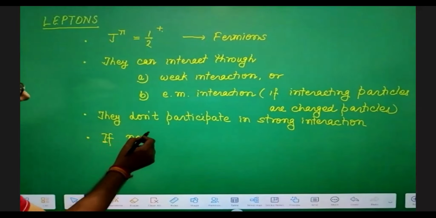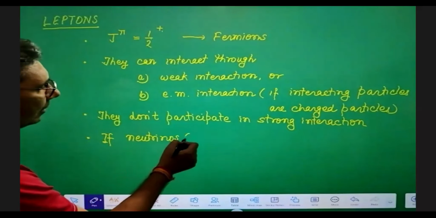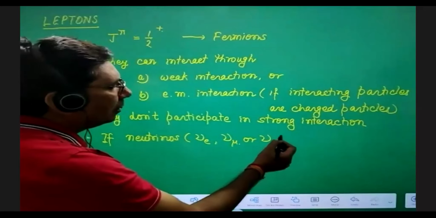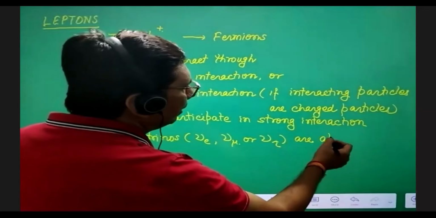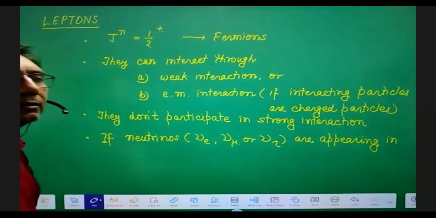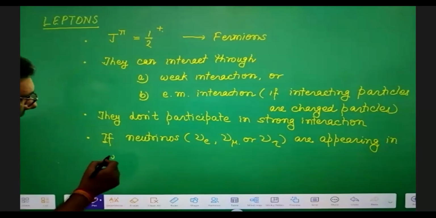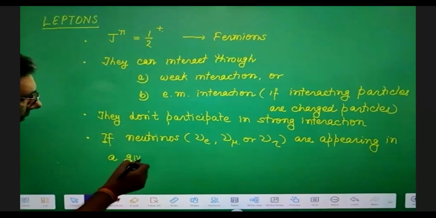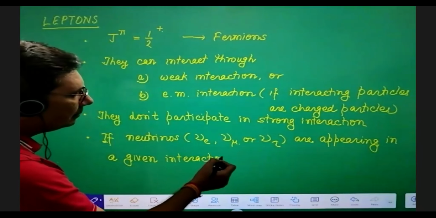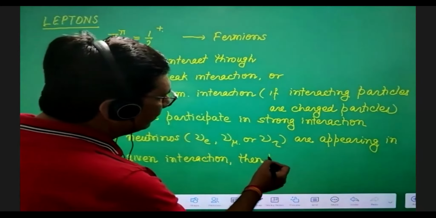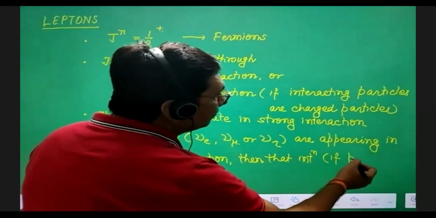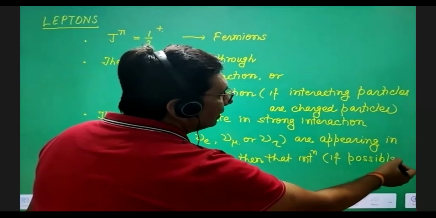Next, if neutrinos, for example electron neutrino, mu neutrino, or tau neutrino, are appearing in a given interaction, then that interaction, if possible, that interaction should be possible first.